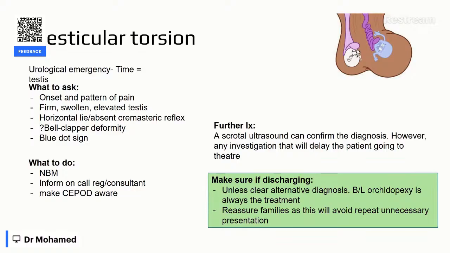So discuss with them what a bell clapper deformity is, if they have one, why the other testis was fixated, etc. But those won't necessarily be conversations that you're leading as an F1. It's just something to consider. So that's torsion.